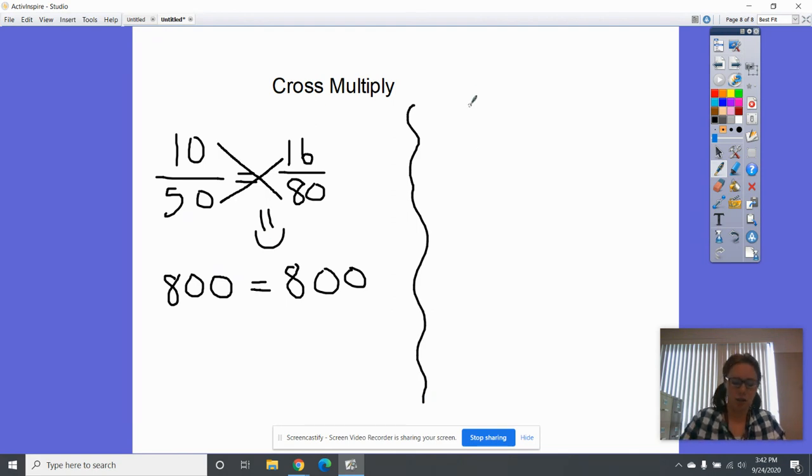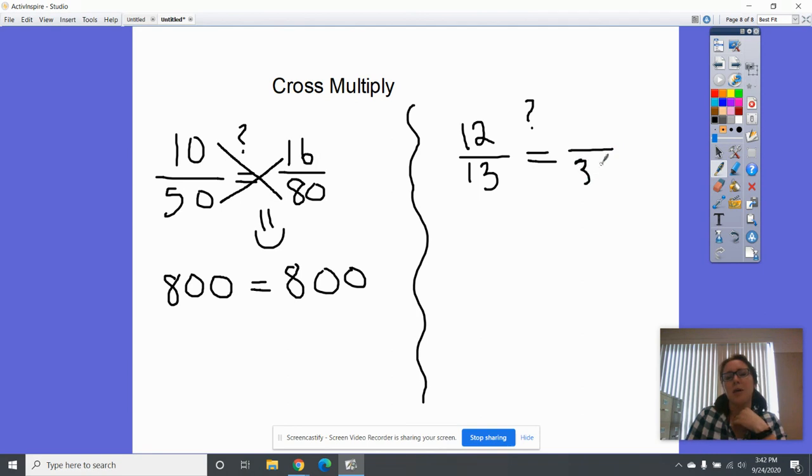And let's take a look at another example. Let's say I have 12 over 13. And I'm curious, hey, is that proportional to, how about 27 over 30?